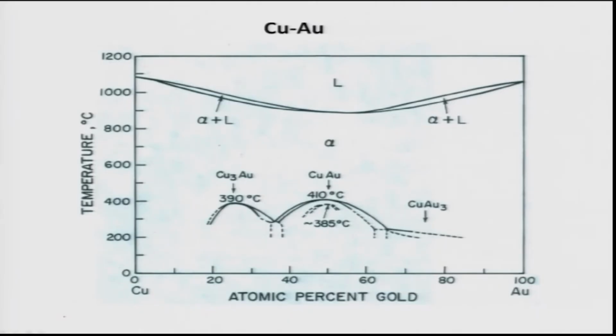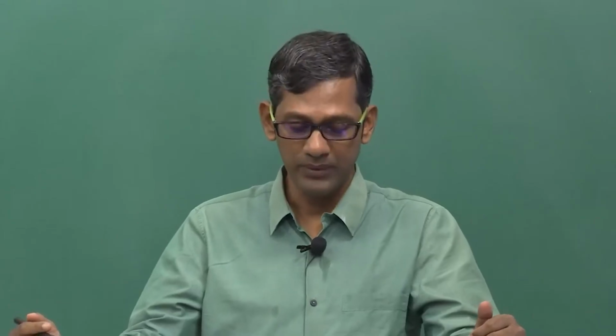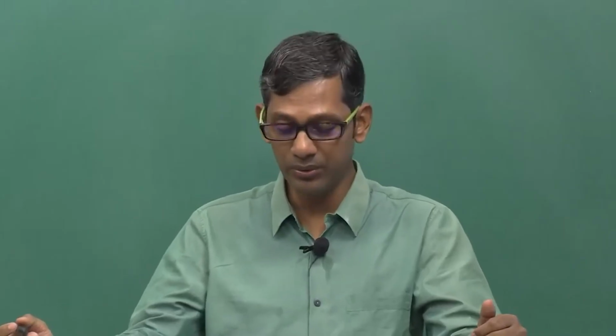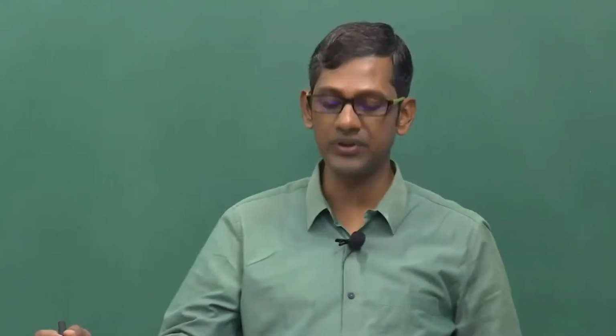At lower temperature, depending on the compositions of the alloy, that is, depending on the concentration of gold in the alloy, three different types of phases can form. One is a stoichiometric composition of Cu3Au, the second is a stoichiometric composition of copper 50, gold 50, that is AuCu, and the third is a stoichiometric composition of CuAu3.